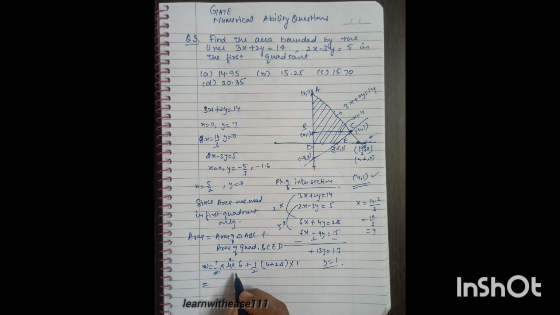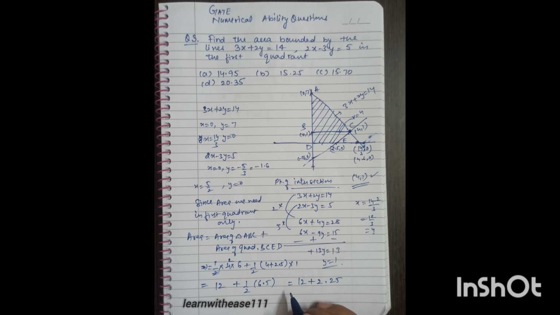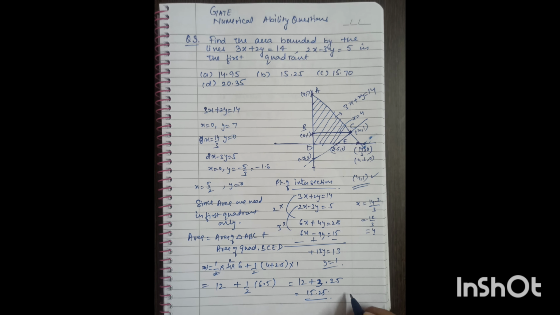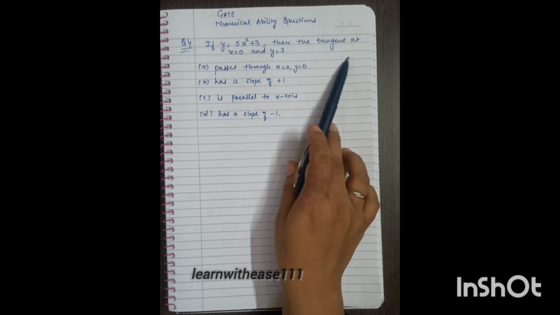So we just need to calculate this. This will be 12 plus 3.25, which is 15.25. So the answer is B. 15.25 is the area.